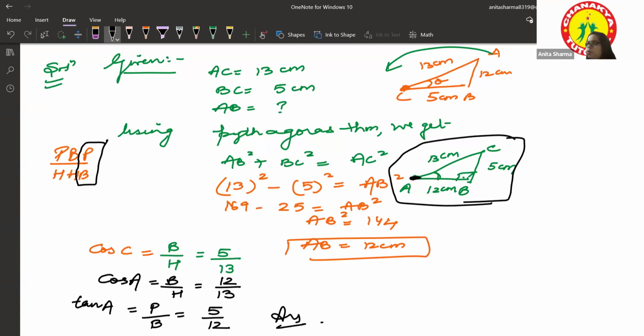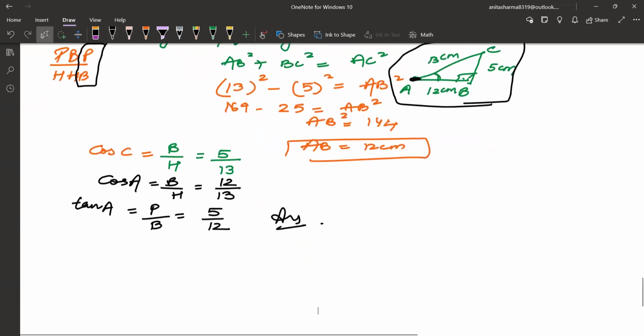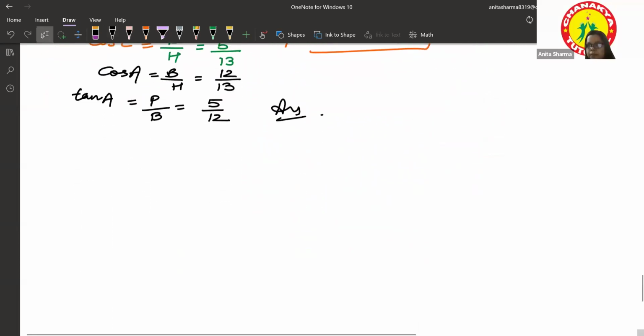So now I hope you all have understood how to calculate the third side of a right angle triangle if two sides are given, by using Pythagoras theorem, and we can easily find the trigonometry ratios, right? Okay. So now next question is, children.